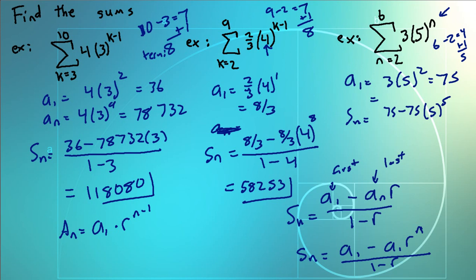And if you don't see that, it would be because I put in 2, I put in 3, I put in 4, I put in 5, I put in 6. See, 1, 2, 3, 4, 5 terms total right there. All right, all over 1 minus 5.